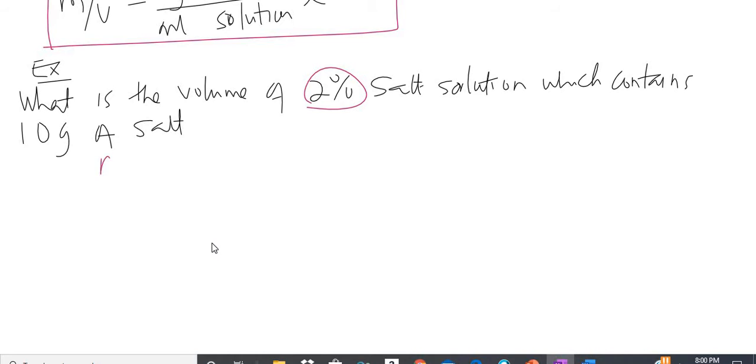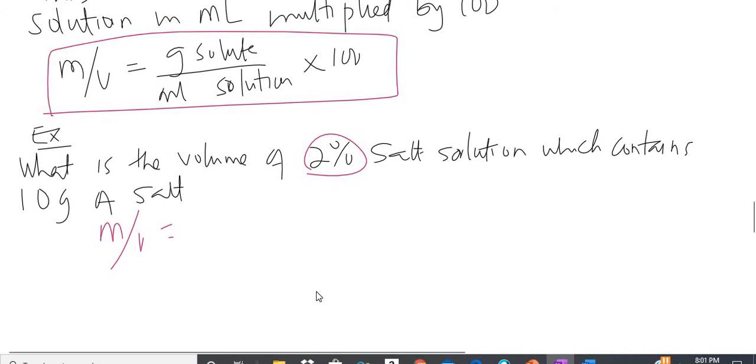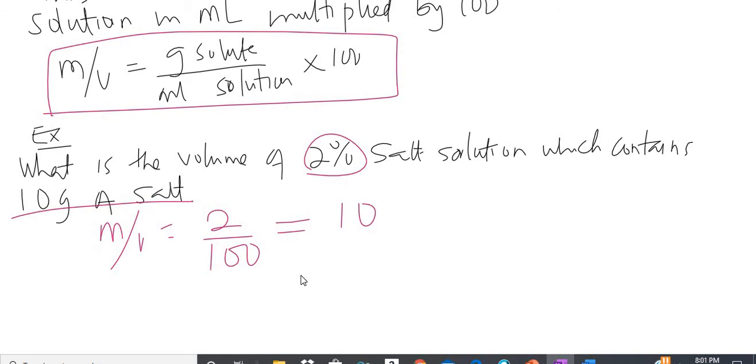That is the mass volume percent for our substance. So we know that our mass volume percent, like we have written before, is grams of solute per mL of solution. So this is going to be 2 over 100. The grams of solute is 10, because we have 10 grams of salt, divided by the volume, which is mL of solution.